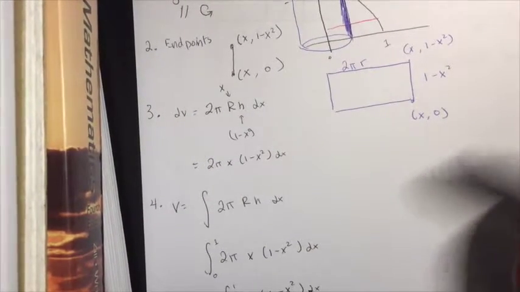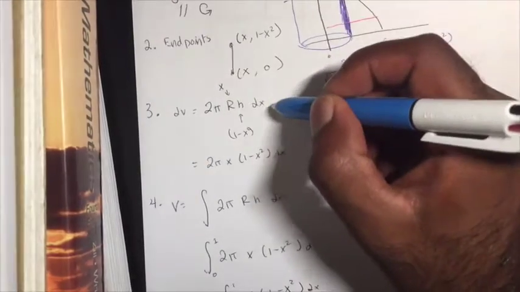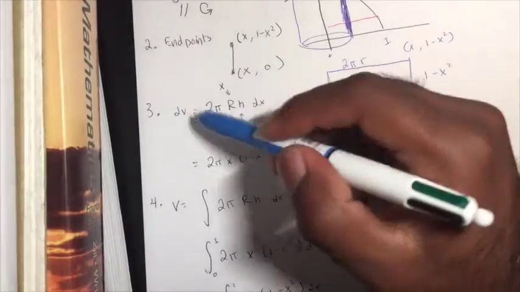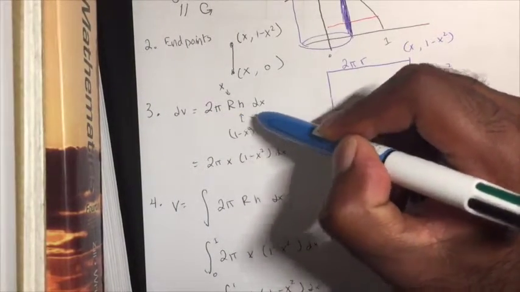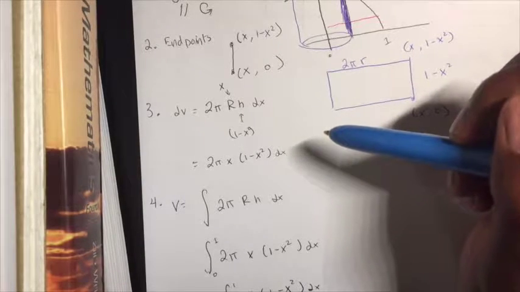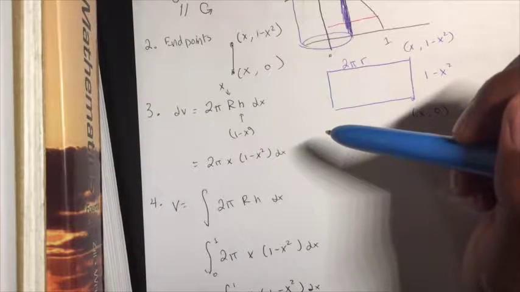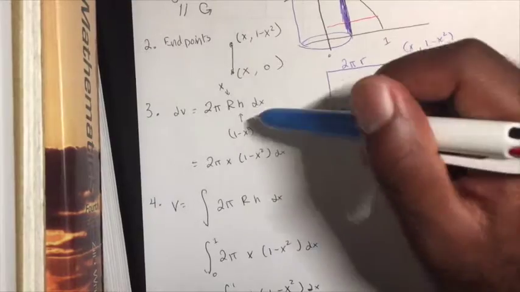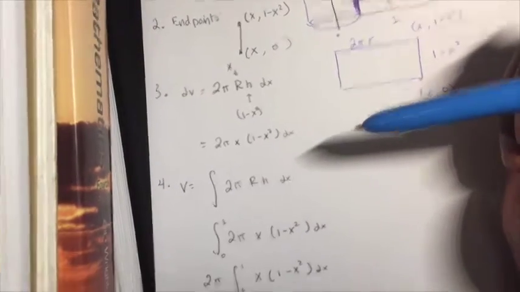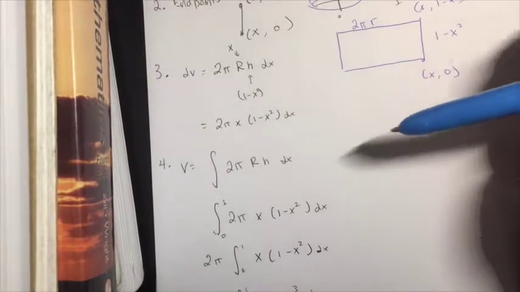Our main equation for the single segment being rotated around will be dV equals 2 pi r h dx, where r is the radius of the cylindrical shell that we're creating, which is usually our x, and the height is created by the endpoints. And then we take the whole thing and we integrate it to get the volume.